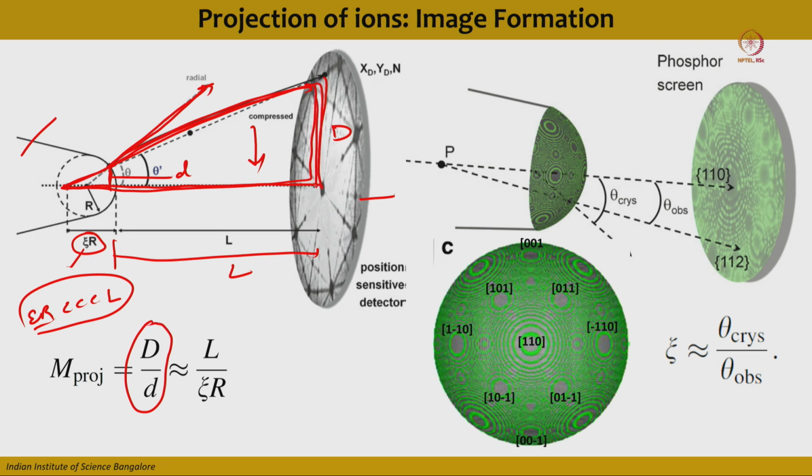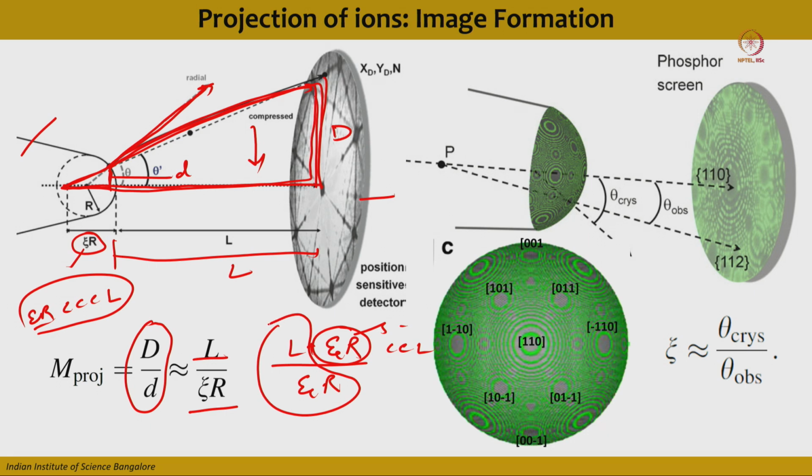As xi r is less than L, we can write it as L by xi r, fine. Ideally it should be L plus xi r divided by xi r, but as you know that xi r is much less than L, we can neglect this term. So magnification is given by L by xi r, and xi is the image compression factor.